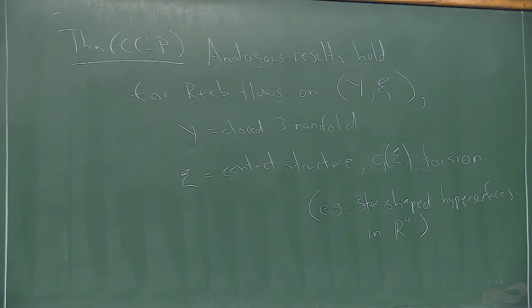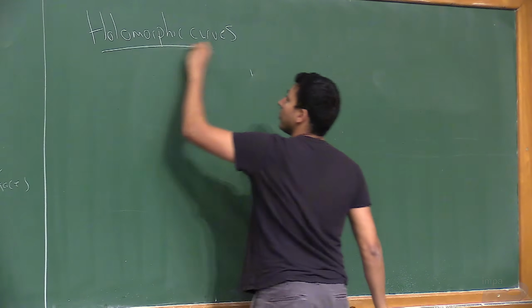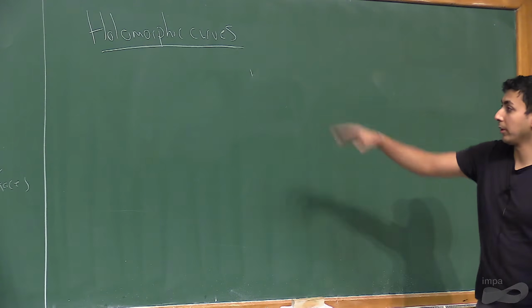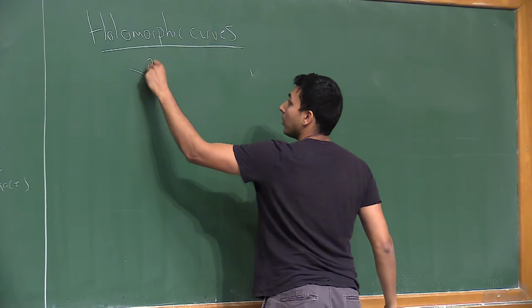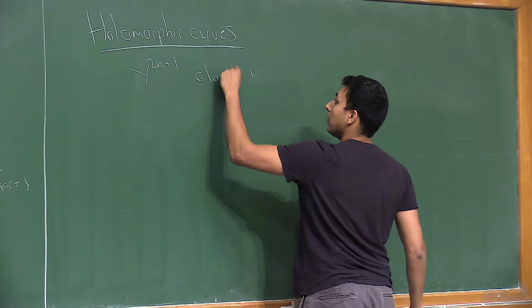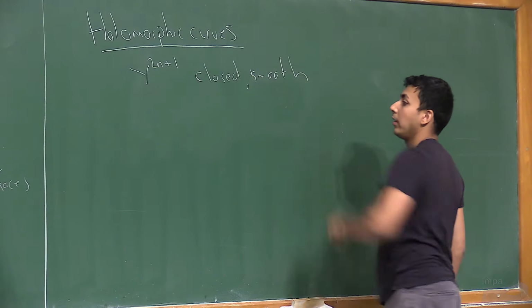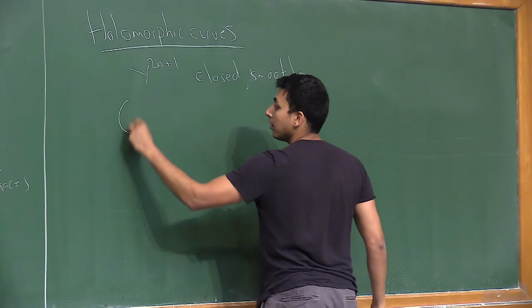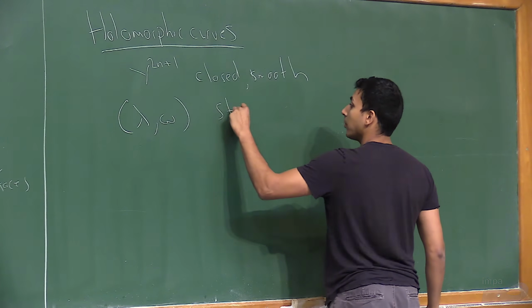Okay. So let's talk about holomorphic curves. This part of the discussion is going to be in some reasonable level of generality. I'm going to fix some odd-dimensional closed manifold, and I'm going to fix a pair lambda, omega, which form a stable Hamiltonian structure.